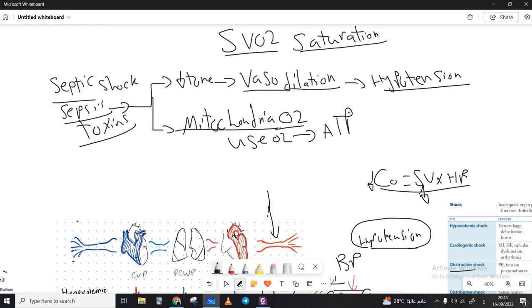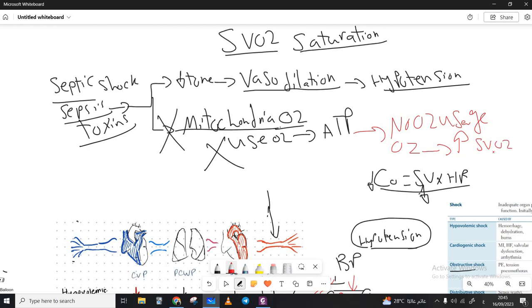So since toxins actually injure the mitochondria, they injure the oxygen extraction and the usage of oxygen. This results in no oxygen usage, and this means oxygen is just sitting there, accumulating, not doing anything. This results in higher SVO2.